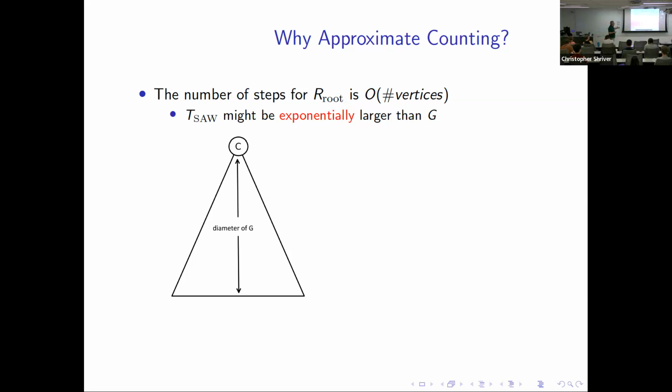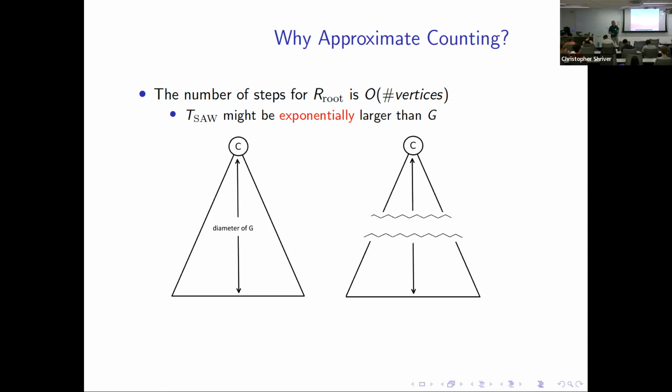So, okay, now we start talking about approximate counting. How can we alleviate this issue with exponential time computation? As we do also outside computer science, we can just prune the tree, right? We go to some level L and we just cut it.